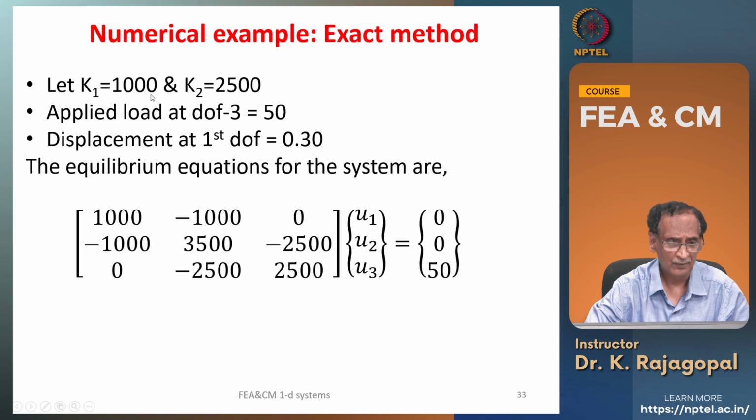See, this K1 is 1000 and K2 is 2500. So this is our assembled equations: K1, minus K1, minus K1, K1 plus K2, minus K2, and so on. Okay.